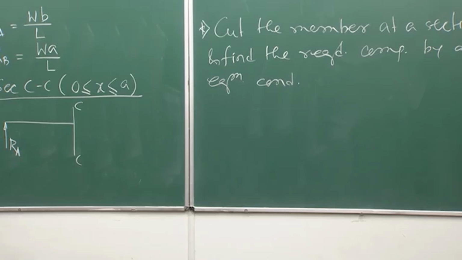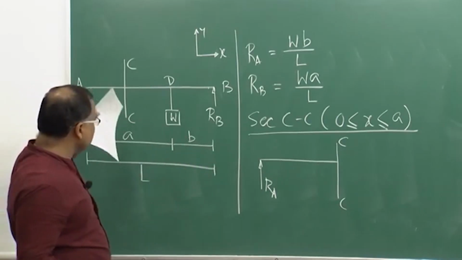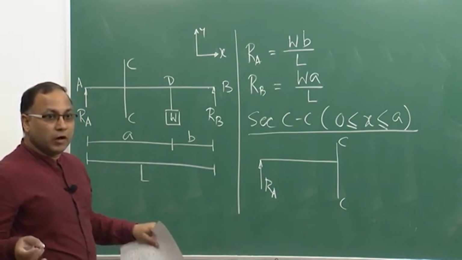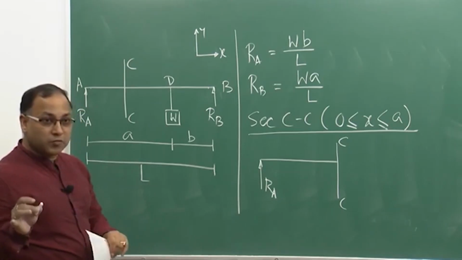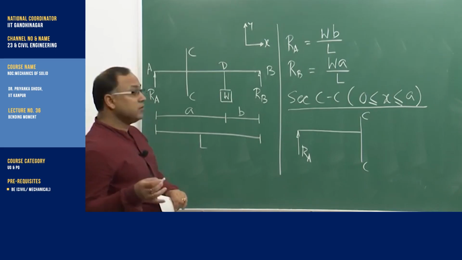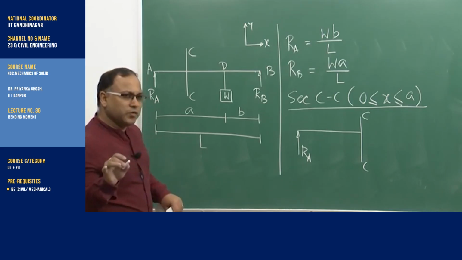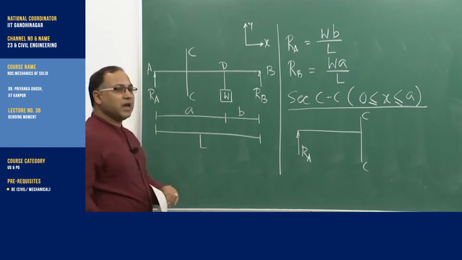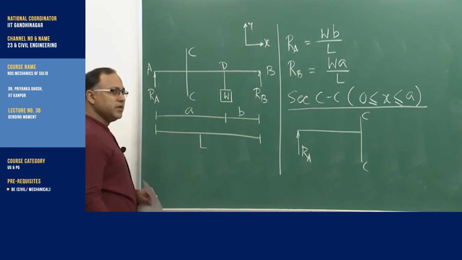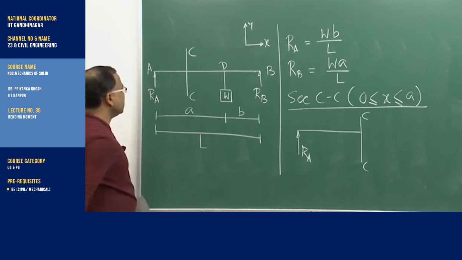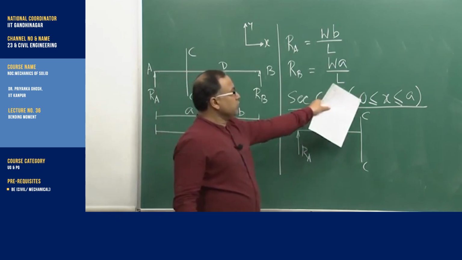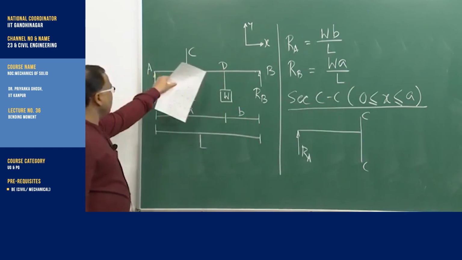I am cutting as per my requirement. How I choose the section will be discussed later. For the time being, just believe me that I am taking one section CC between 0 and A, that means between A and D.